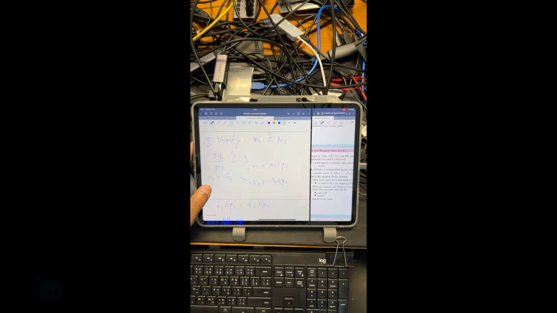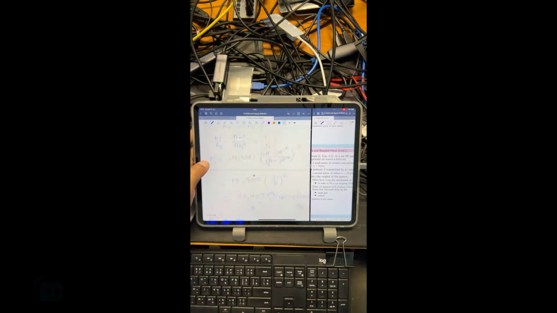Now we have that expression, and let's get back to the Pascal formula. Here F1 by A1 is equal to F2 by A2.